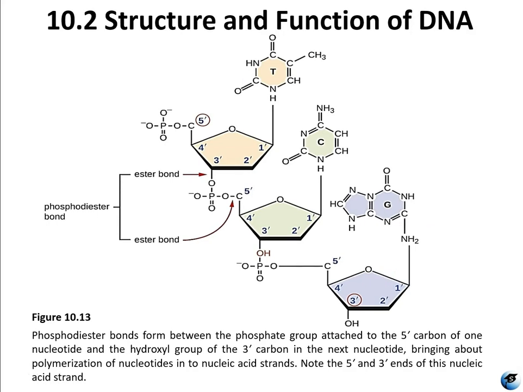The nucleotides are linked together in DNA via phosphodiester bonds. Figure 10.13 is showing how the phosphodiester bonds are formed and how the nucleotides are attached together. The phosphate groups are on the outside of the DNA molecule, and the nucleotide bases are on the inside of the DNA molecule.